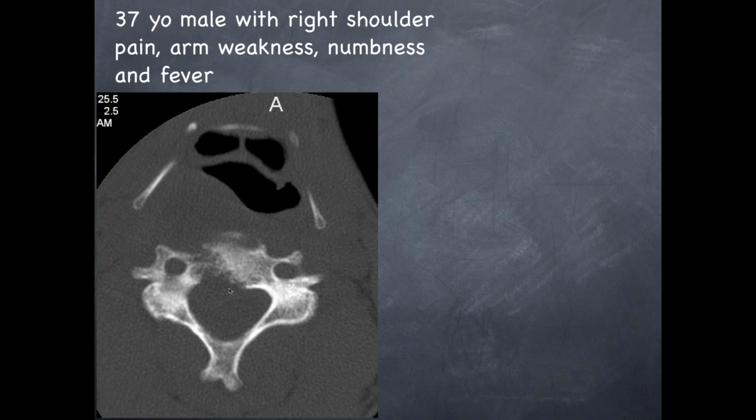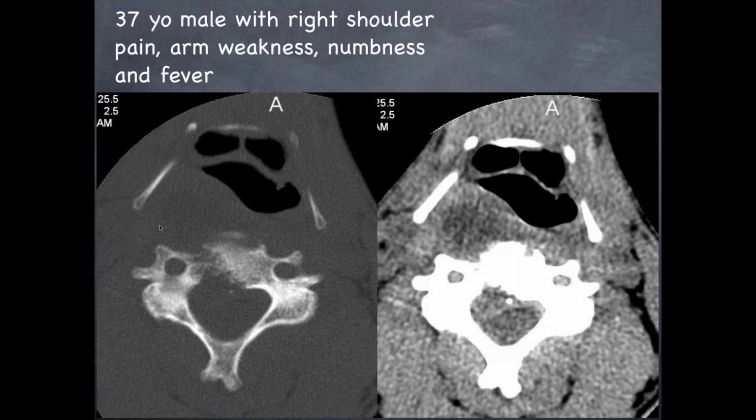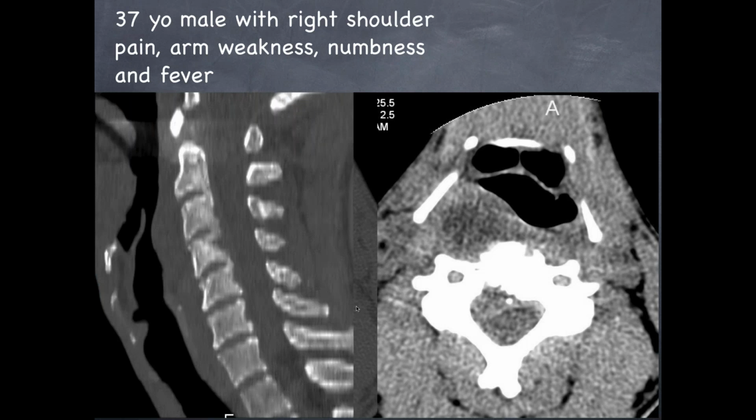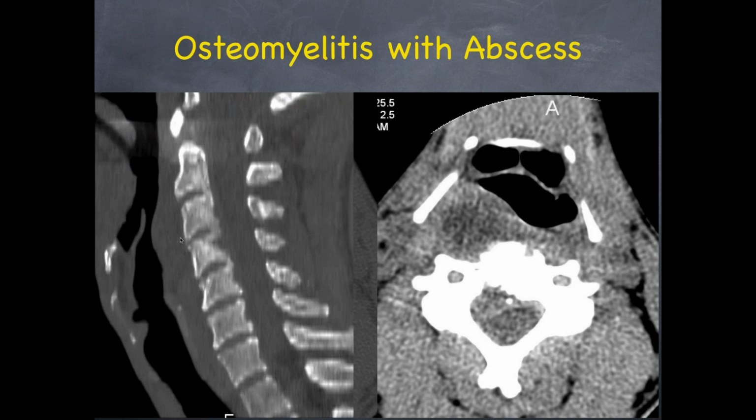Posterior back here, right. There's also a prevertebral soft tissue abscess here. Abscess there too. Abscess up there, and deformity in the airway. So you've got this large prevertebral soft tissue swelling, and destruction.